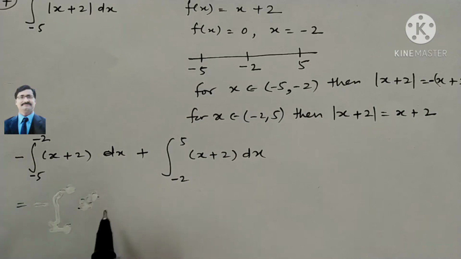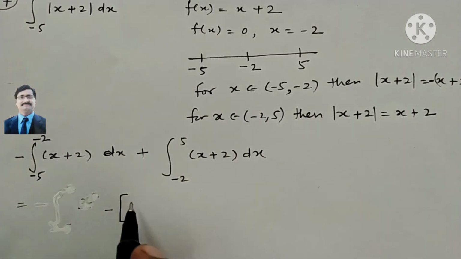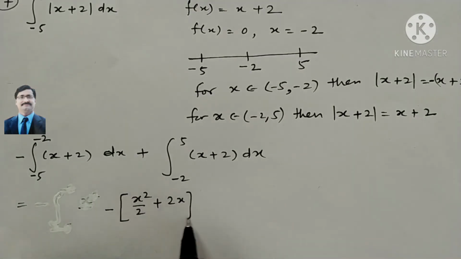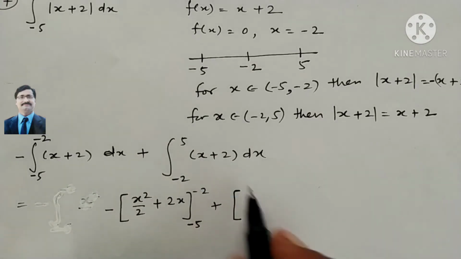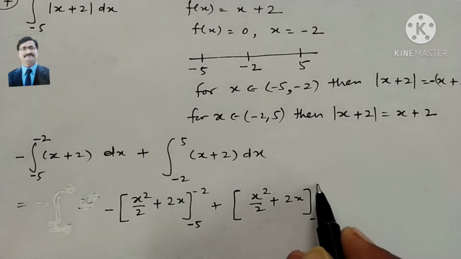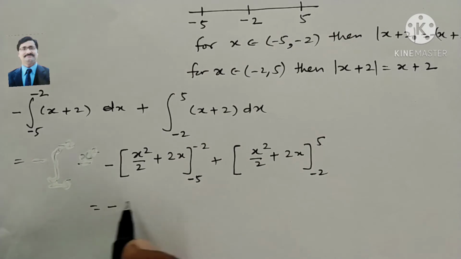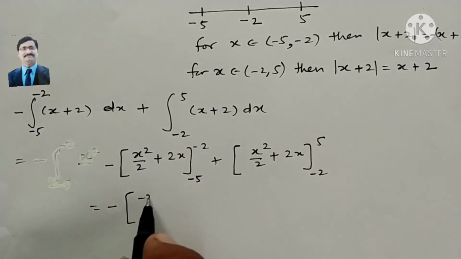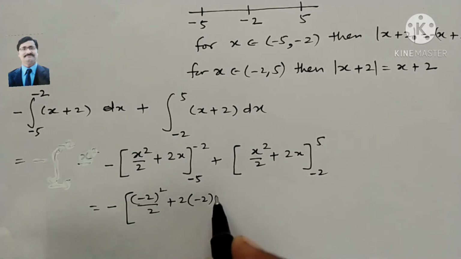Now we will do the integral. We get minus as it is, and the integral of x is x square upon 2, and the integral of 2 is 2x, with limits minus 5 to minus 2. Here also the integral is x square upon 2 plus 2x, with limits minus 2 to 5. Now we put the limits. First we put minus 2: minus 2 square upon 2 plus 2 into minus 2.